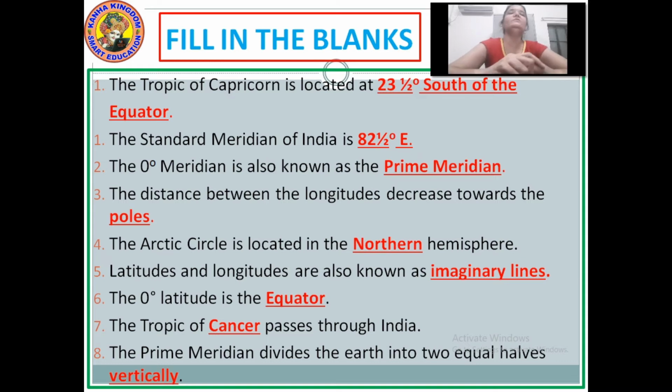Are also known as imaginary lines. Okay. Next, number 7. The 0 degree latitude is the dash. Is the equator. The 0 degree latitude is the equator.